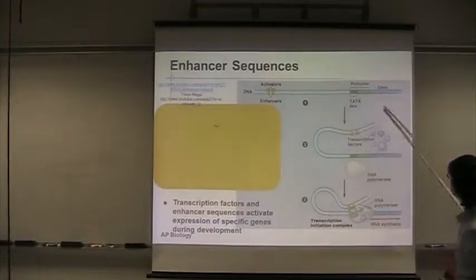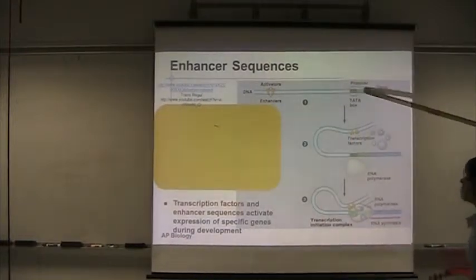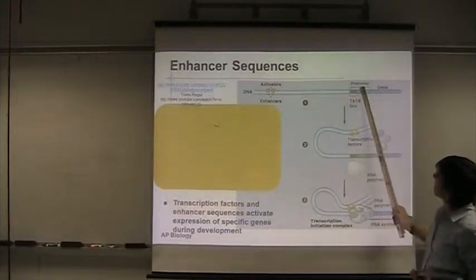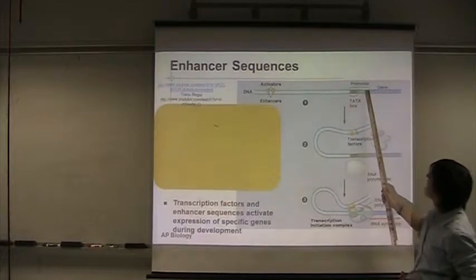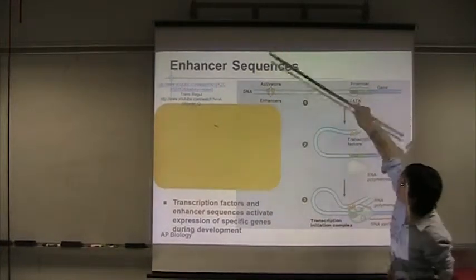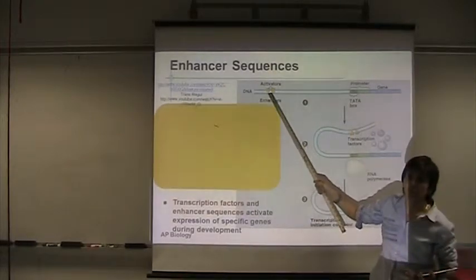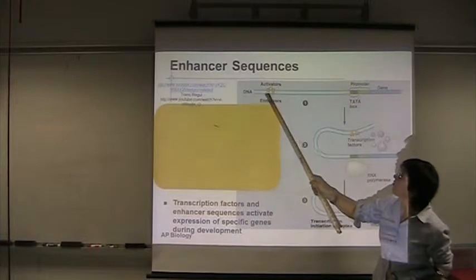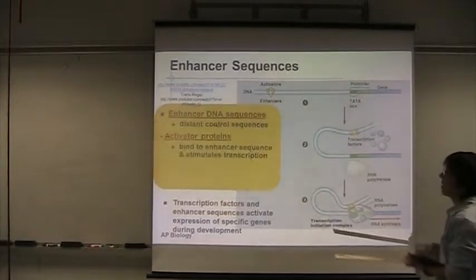So same thing here. Notice we have the gene there that you need. There's the promoter with your TATA box. Here is where your transcription factors and RNA polymerase are going to attach. And notice that farther upstream in the DNA is where you have the enhancer region. Now, attached to this enhancer region, you can have these activators that can do two things.